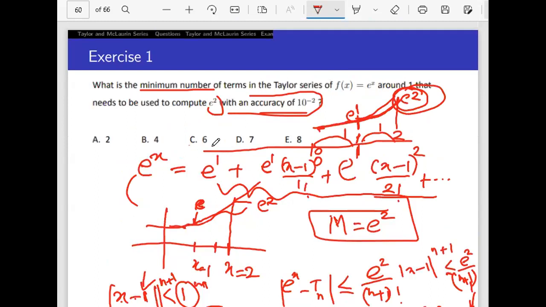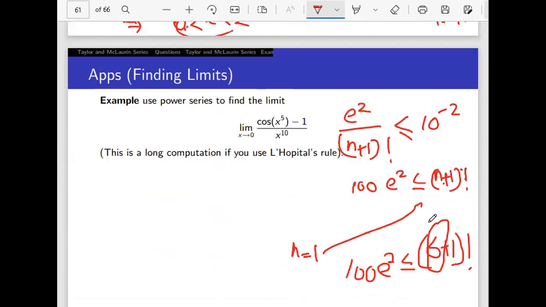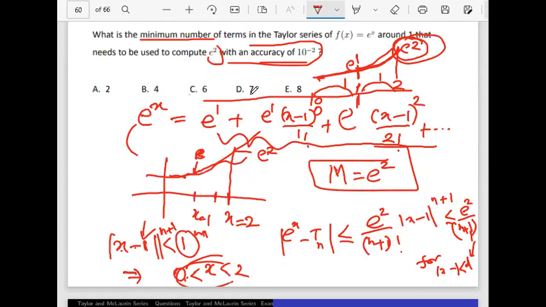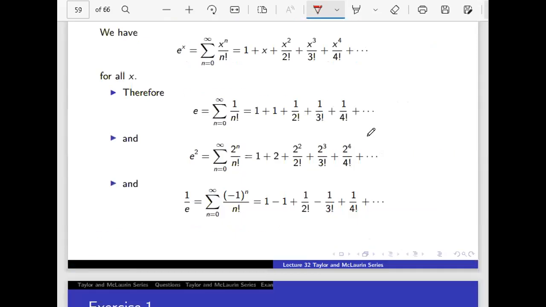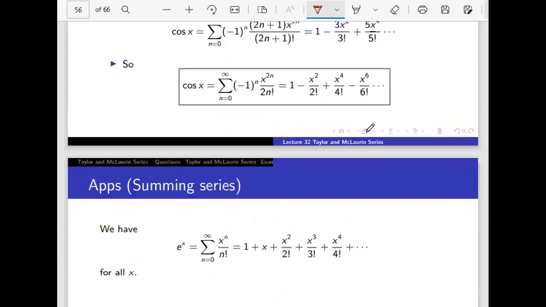If you add more terms, then good, but it is very computationally costly. So it is better if you add at least the first 6 terms of this infinite series to get this much accuracy, right?